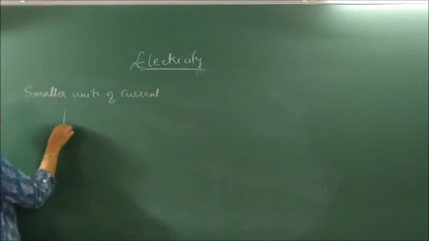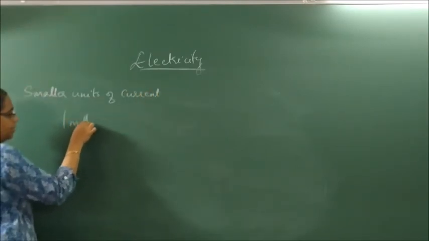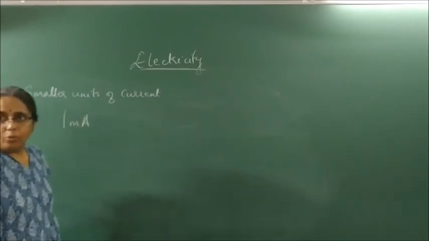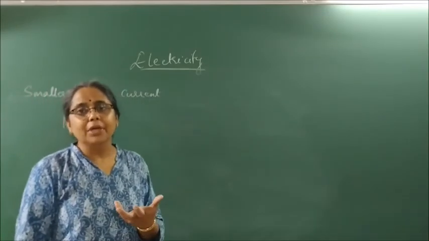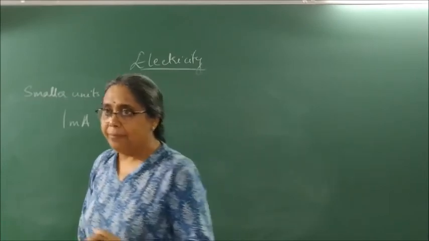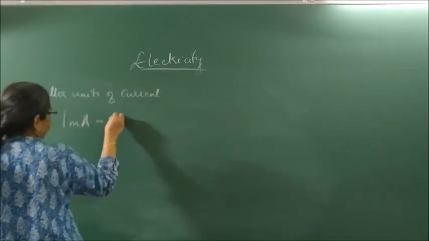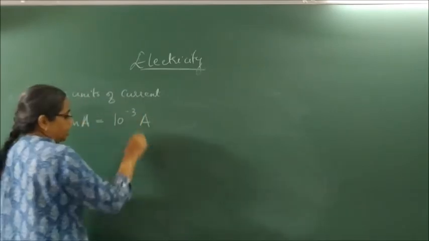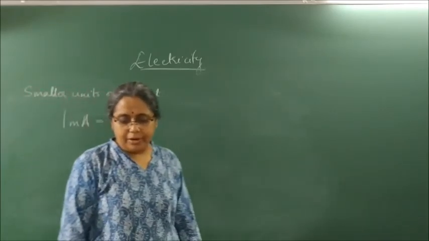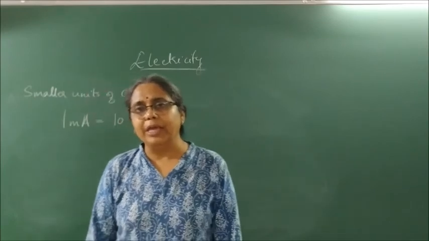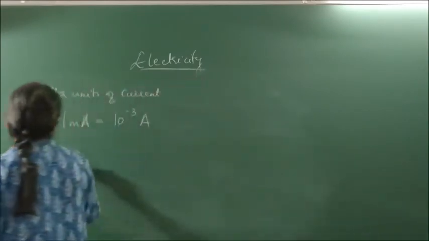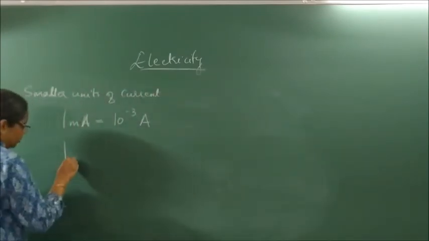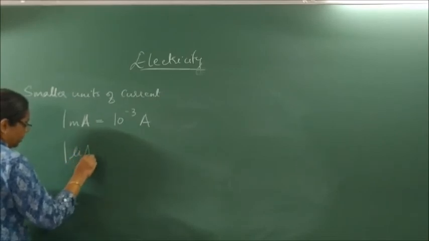This is 1 milliampere. Milliampere will always be lesser than ampere. So 1 milliampere is 10 to the power of minus 3 ampere. And this is 1 microampere.